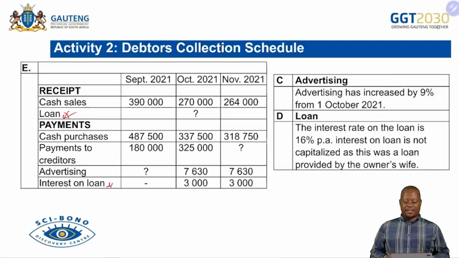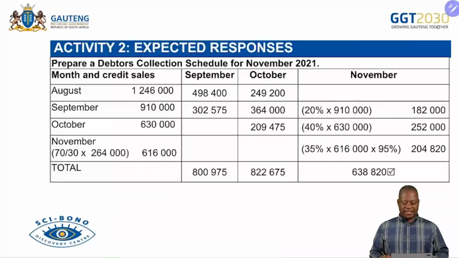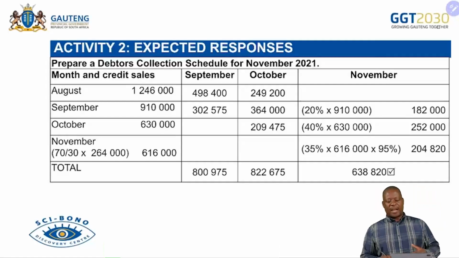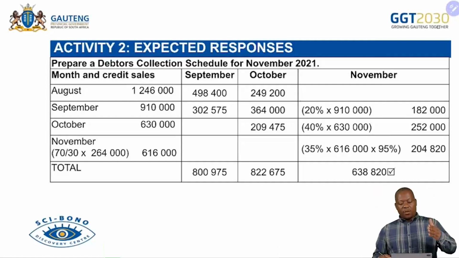It simply means if we were given the loan amount, we could just find 16% for 1 month and find the interest. But that is missing. Can we be able to work backwards to find it? Yes, it's possible. We are going to do exactly that.